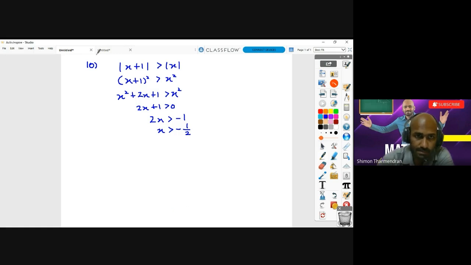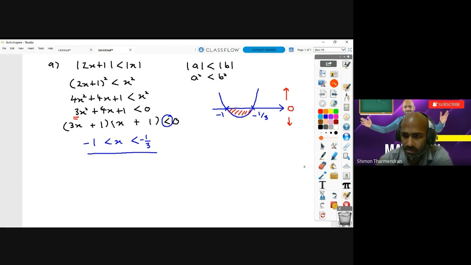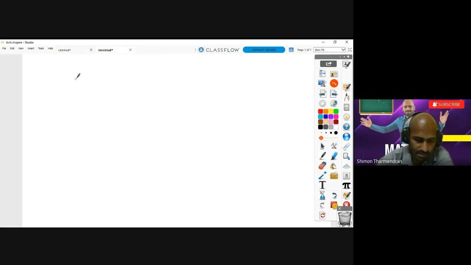And then the last inequality question, I'll also do pretty fast here. It's the number 3 that is a common mistake here. The 3 in front of the modulus, students usually forget to square that. So in this case, we have modulus x minus 2 greater than 3 times modulus 2x plus 1.